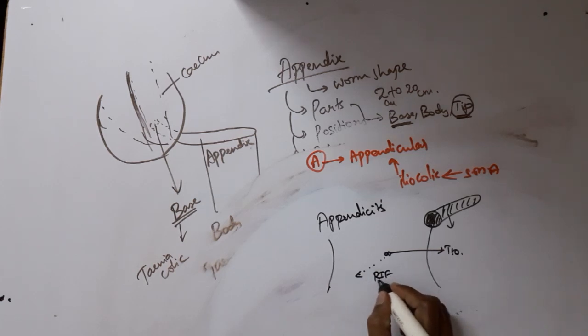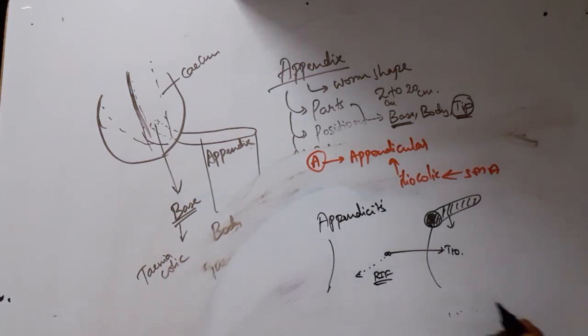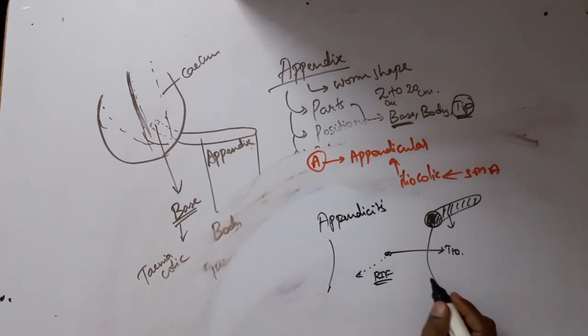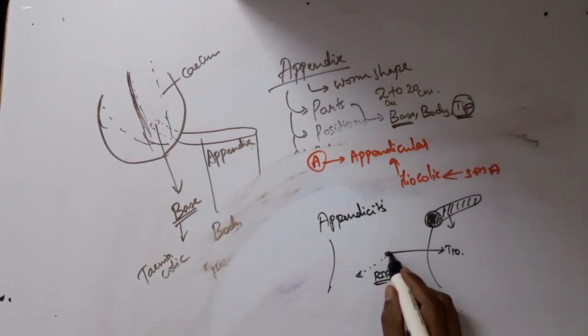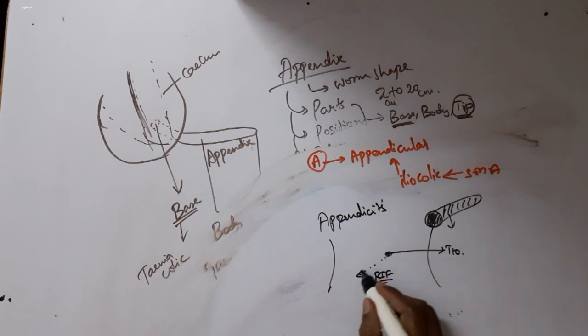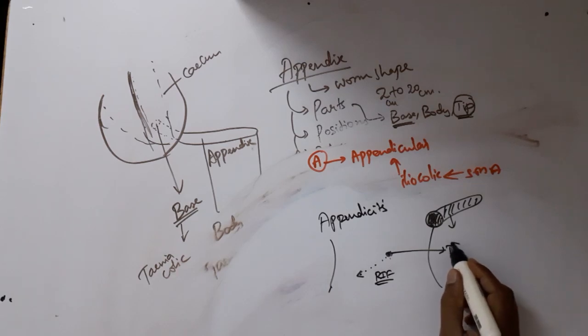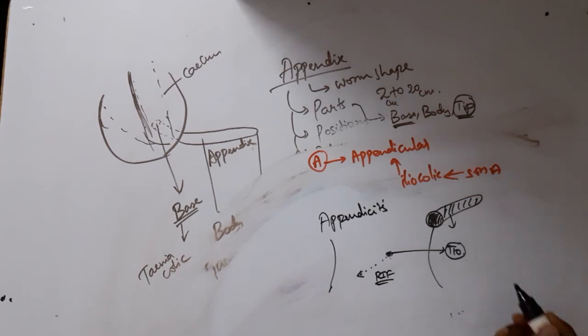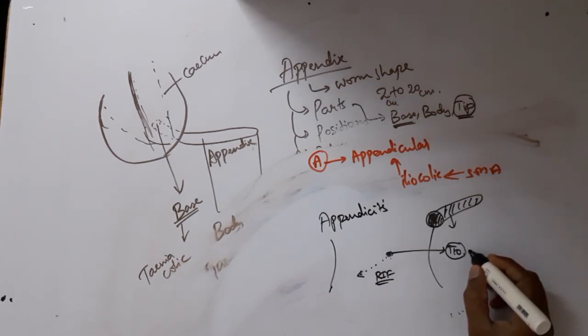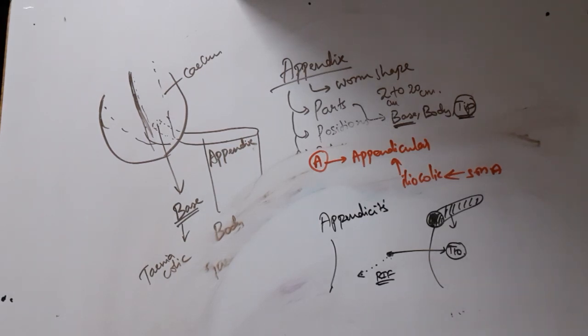In short, the characteristic feature of appendicitis is that the pain begins in the umbilical region, then radiates towards the right iliac fossa. Why in the umbilical region? Because the umbilical region and the appendix have the same nerve supply, they get fibers from T10.